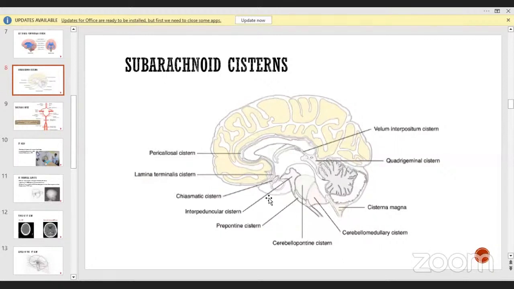Subarachnoid cisterns are wide areas in the subarachnoid space that can be visualized by CT scan also. In MRI they are easily visible, but in CT scan they are also visible.